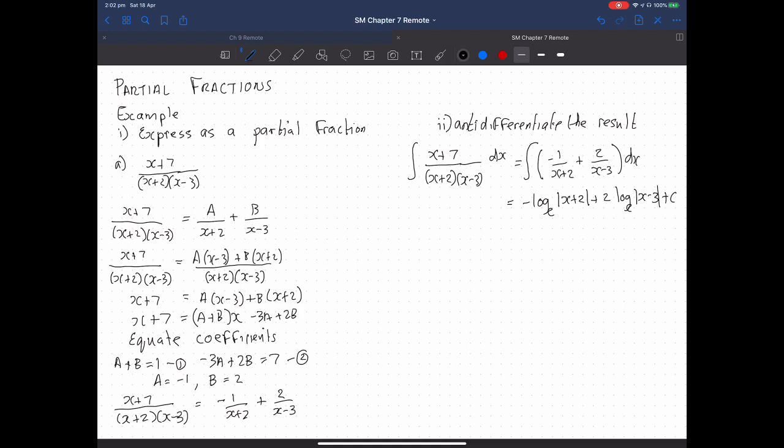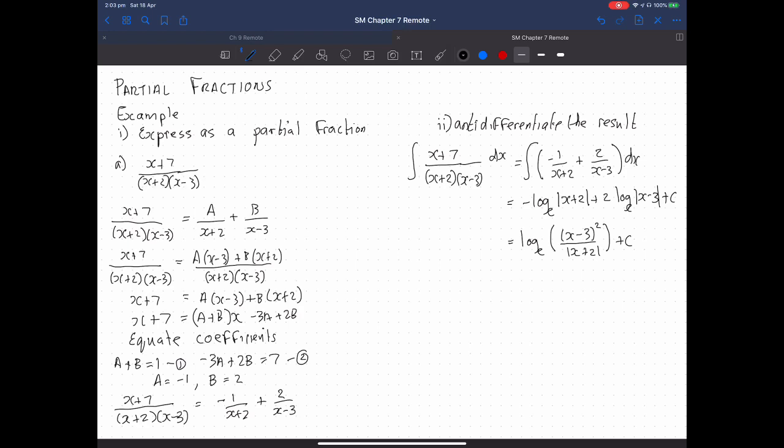We can rearrange these using our log laws. Doing so will give us log e of (x - 3) squared over the modulus of x + 2, plus c.